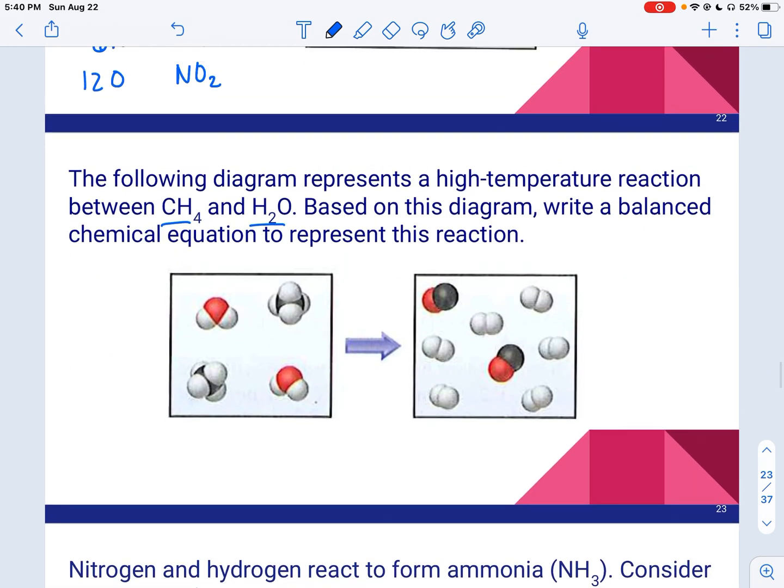All right, here we're given the full picture, the reactants and the products. And they're asking you to write a balanced chemical equation. So we have CH4, which we have 2 of them, right here and right here. And we're going to add that to 2 H2Os.